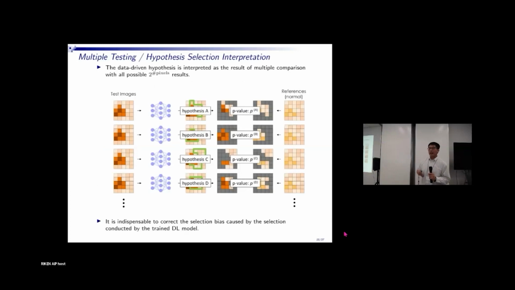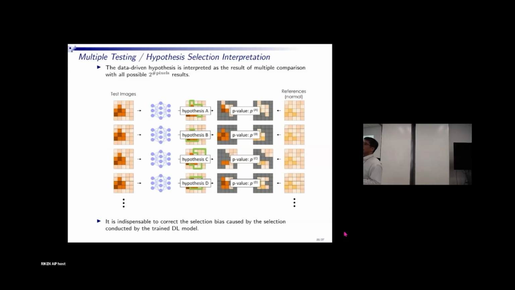But it is important to note that the hypothesis we are interested in is selected by a deep learning model. So there are a lot of hypotheses to be considered. Since we have 5 times 5 pixels, all possible hypotheses that we can consider number 2 to the power of 25.